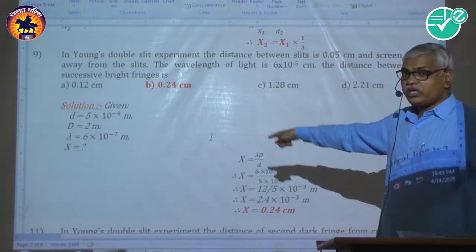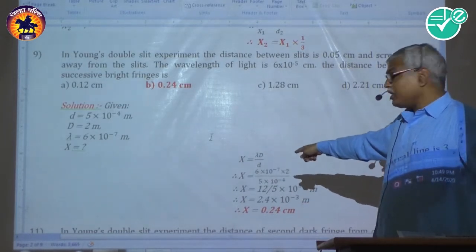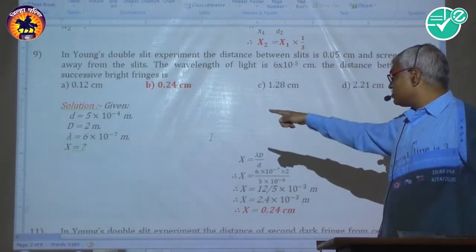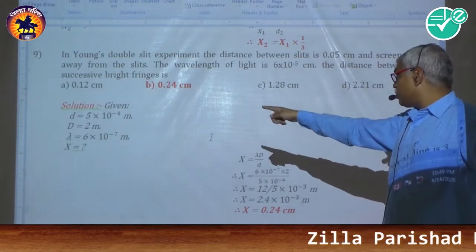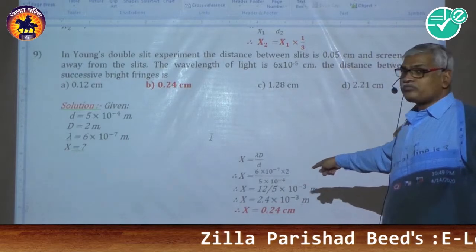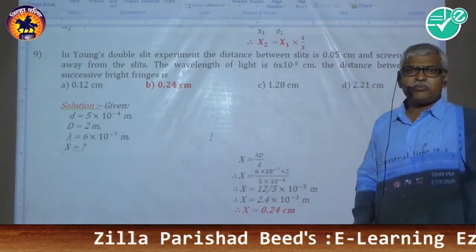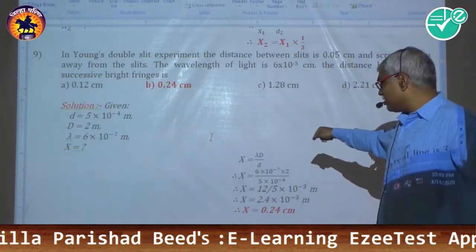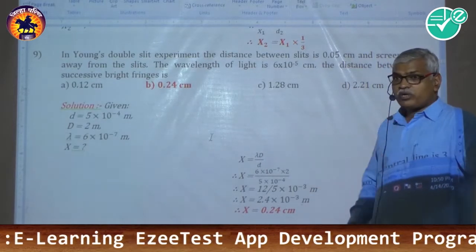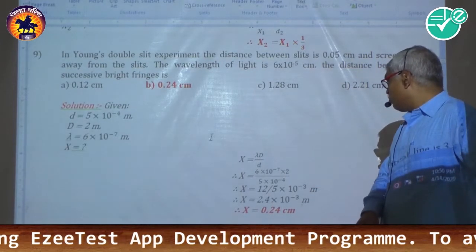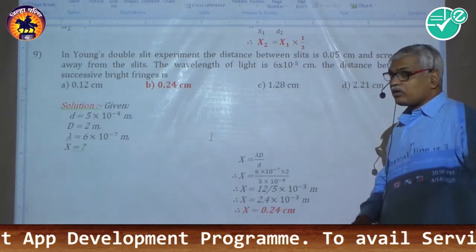Put the values of each variable. Therefore X is equal to lambda 6 into 10 to the power minus 7, capital D 2, divided by small d 5 into 10 to the power minus 4. These are simple calculations. After solving this, we will obtain X is equal to 0.24 centimeter.